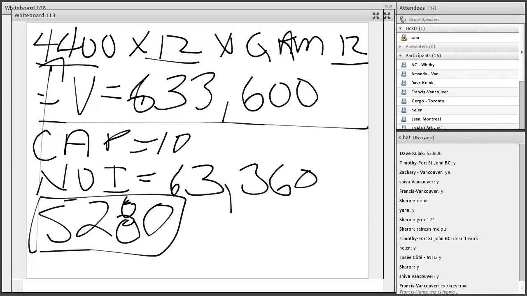In this case, this is higher than the gross rents up here. It doesn't work. There can't be any expenses in this property. Everybody follow?